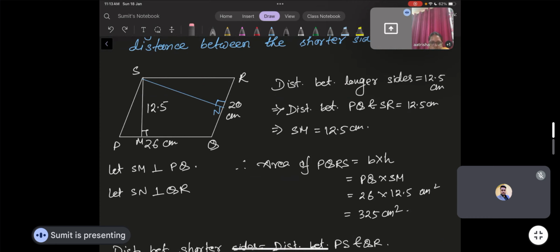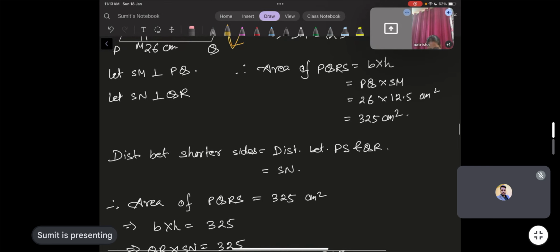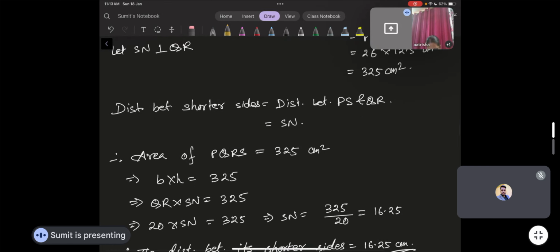Now, from another perspective, if you want to find the area by taking the height between the shorter sides, that is SN, the blue one, then its corresponding base will be RQ, correct? So we can find the area in that manner also. The area of PQRS can be taken as base into height, which is 325. Base I am taking as 20 and height as SN.